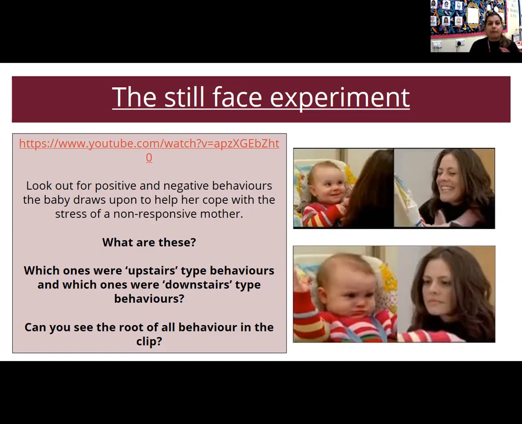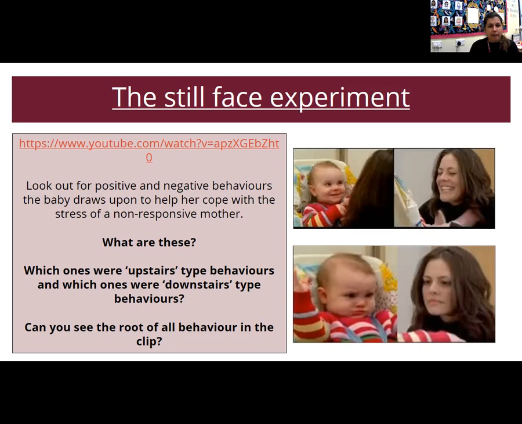She's then asked to do the complete opposite, and you can see in the bottom picture she's very passive in her expression. She's not acting in any way, and then the child just becomes distressed. So it's an example of our environment and making sure that our environment shows how we react to things.